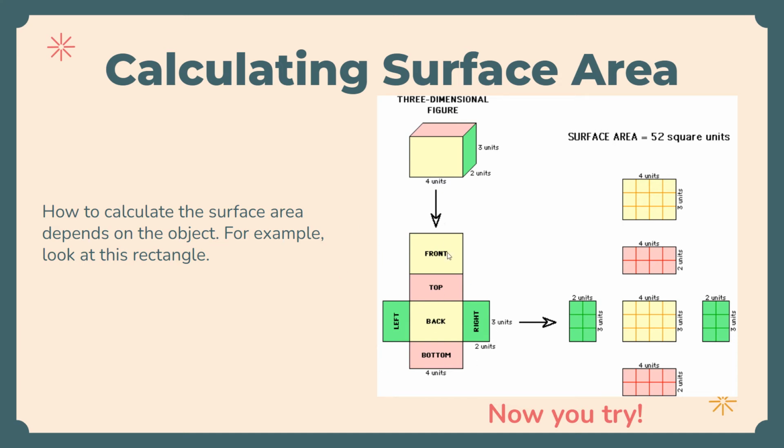So this is your front, this is the top, this is the back, this is the bottom, and then this is the right, that would be the left, and we can't see that. Now what we would do is take the area of each of these sections: the front, top, back, bottom, left, and right. You can see it broken down over here. You just take the area of each one of these boxes to find the total surface area of 52 square units.